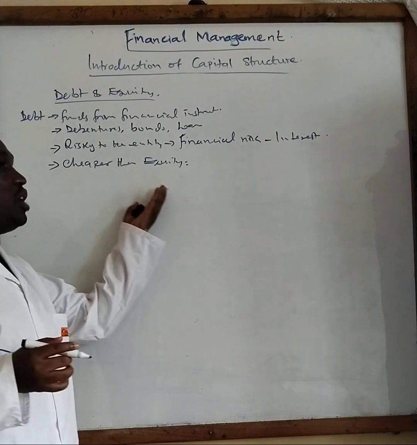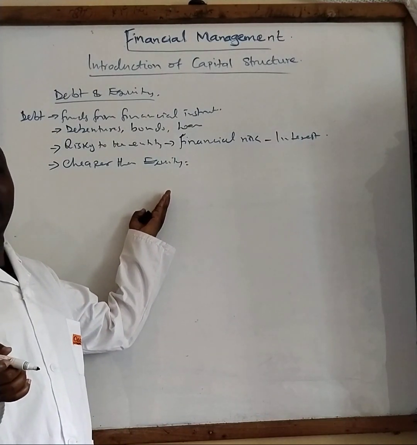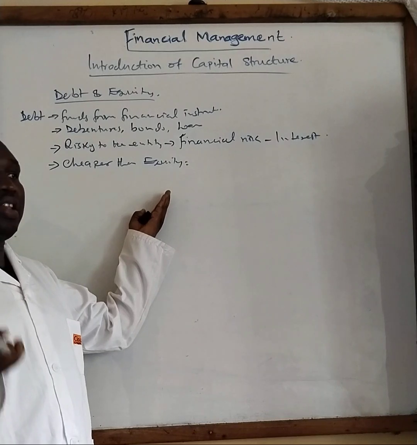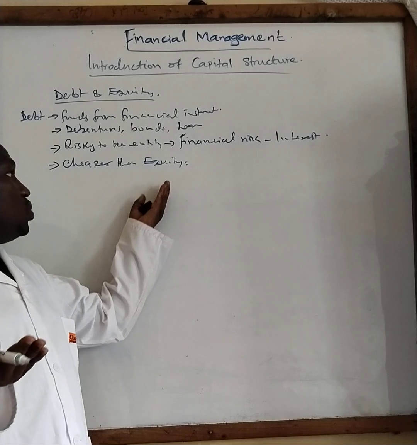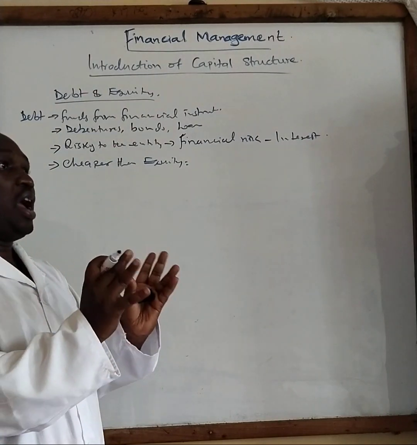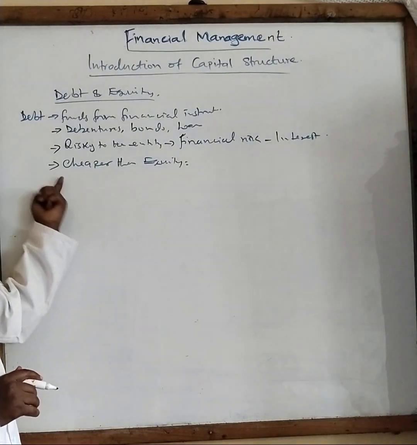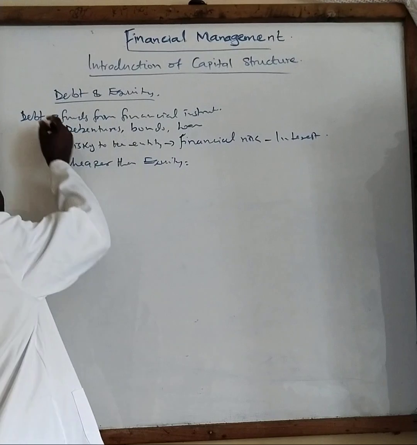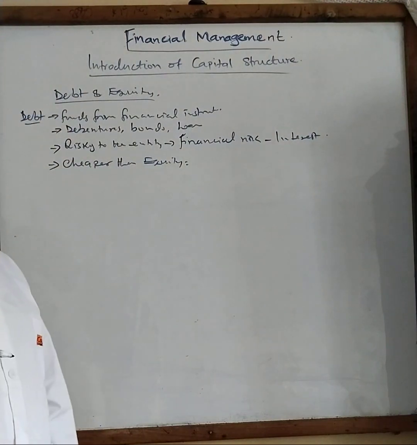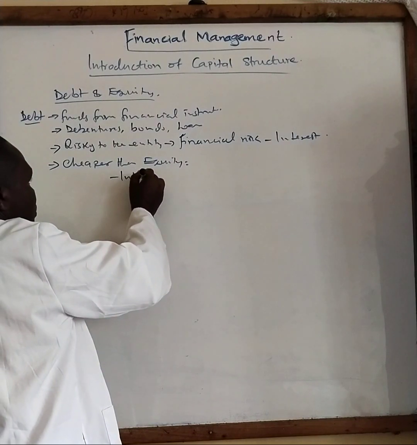Here, when you talk about equity, you are just talking about the shareholders' contribution to the entity. It can either be in the form of ordinary shares, preference shares, or retained earnings, which is now in the organization but is owned by different people. Here we are saying debt is cheaper than equity. Why? This is the reason. This debt will automatically attract what we call interest.